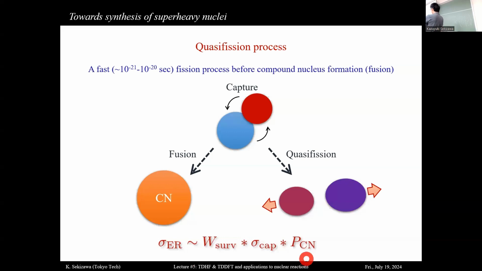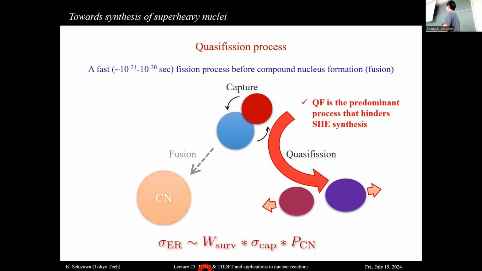And after compound nucleus formation, it must survive against fission. So this is the survival probability. The product of these three factors gives more or less the evaporation residue cross-section. And in case of heavy nuclei, this probability of compound nucleus formation is really small, and this makes quasi-fission a dominant process.